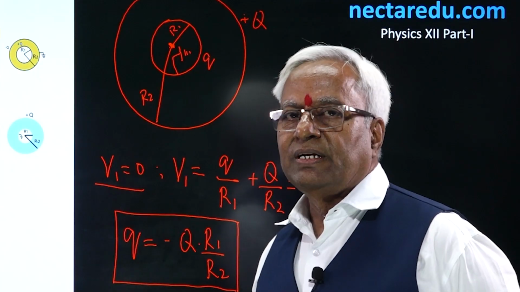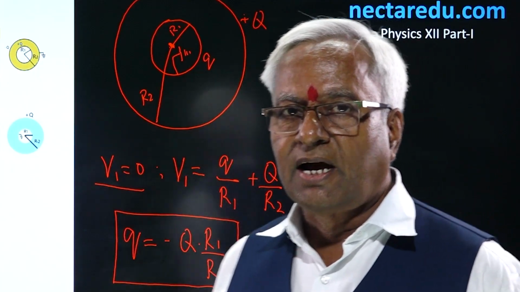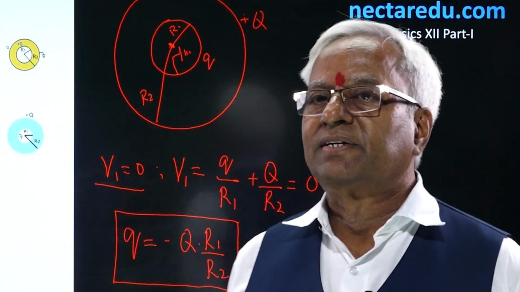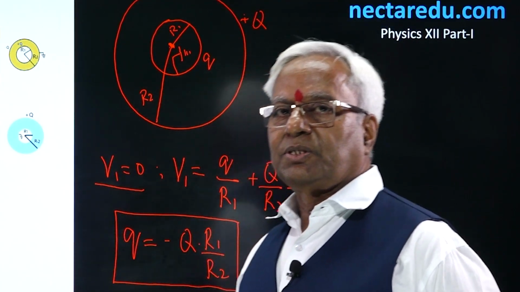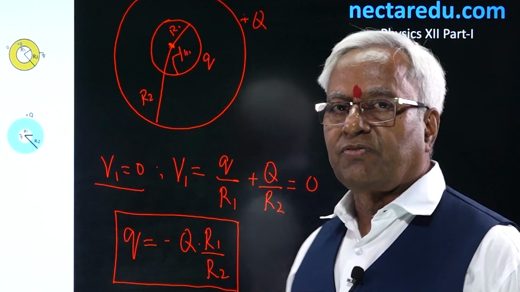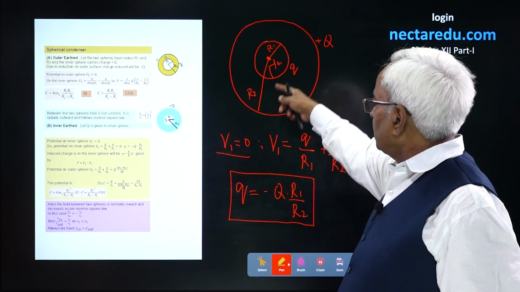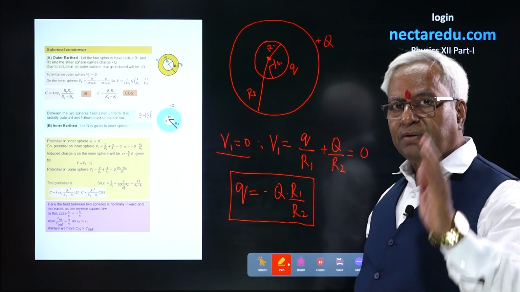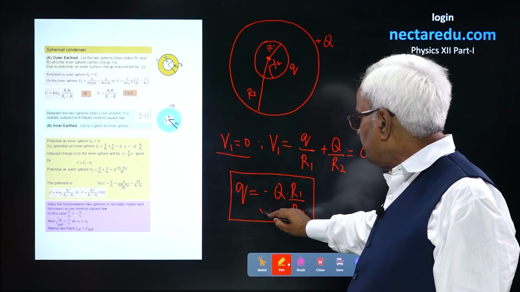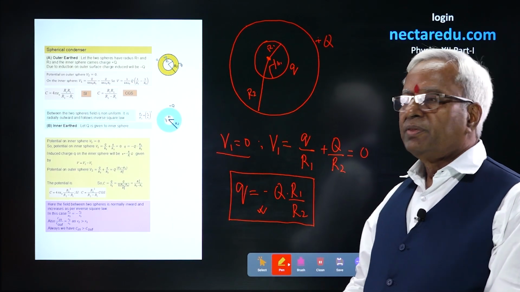You see it is a substantial amount of charge, but you can't say that it is equal and opposite. At the same time, one extraordinary thing you are finding is that the inner sphere is connected with the earth, but at the same time it is having negative charge over it.